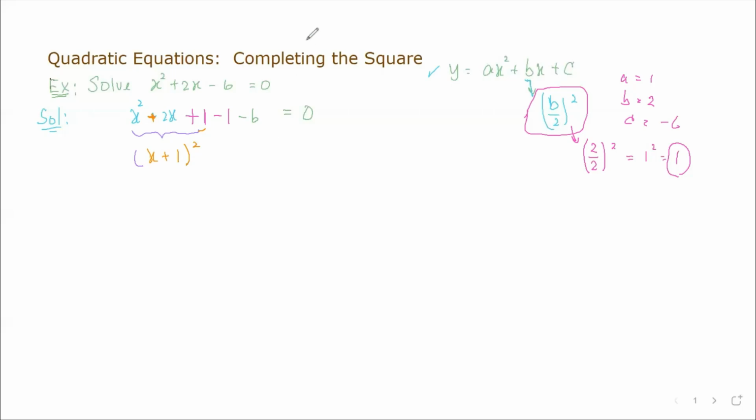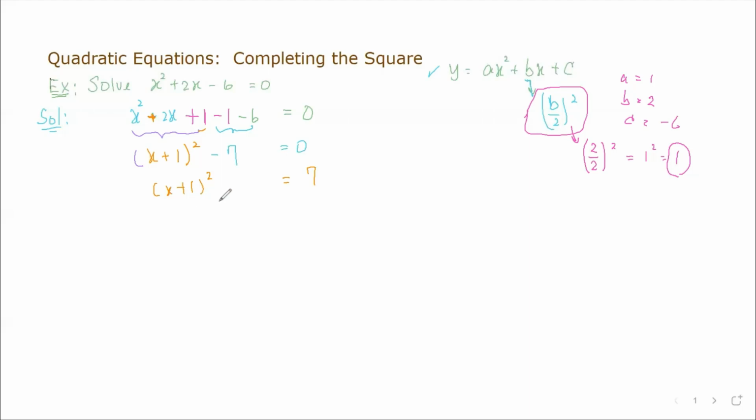After this, you combine these two terms: -1 and -6 become -7, then equals 0. So now we have x plus 1, the whole thing to the power 2, and then move -7 to become +7 on this side.